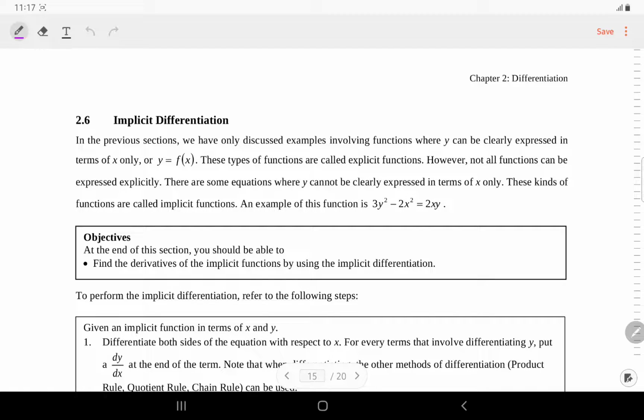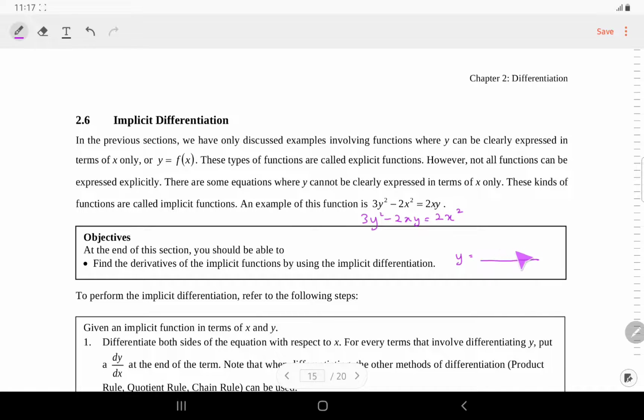When we try to express y, we'll get 3y square minus 2xy equals 2x square, and then we cannot express it as y equals something.